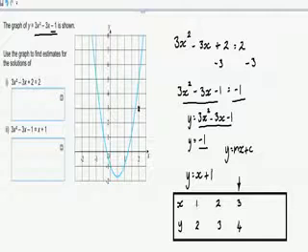And where x is 1, y is 2. Okay, so I've plotted those 2 points. Now if I connect them, then that's going to give me a straight line. Okay, so I just draw it through.